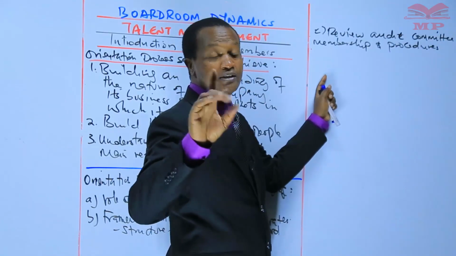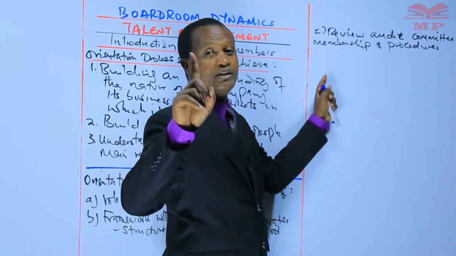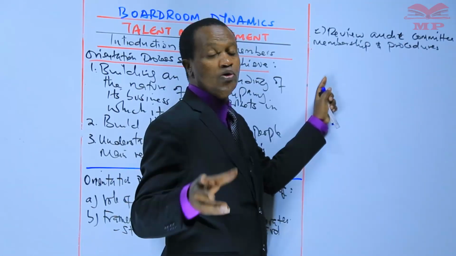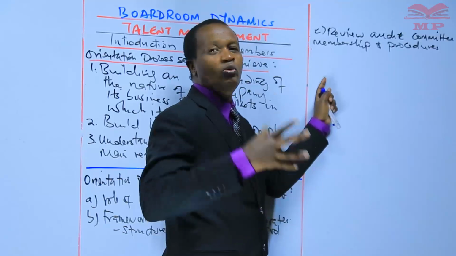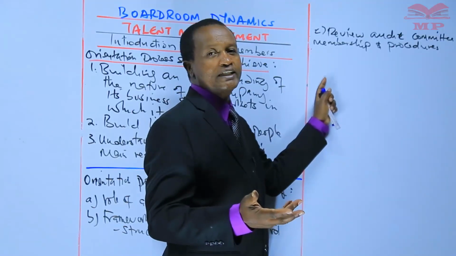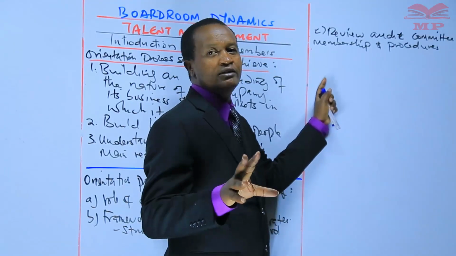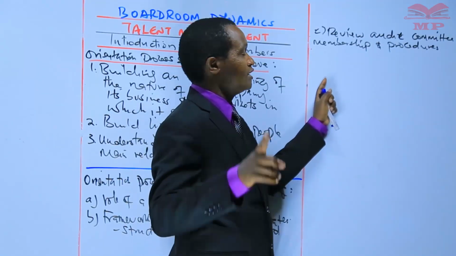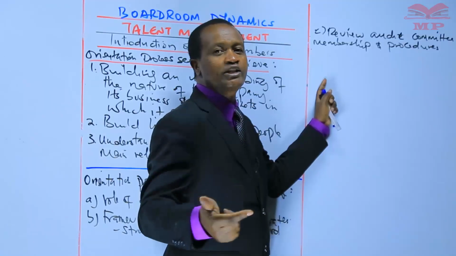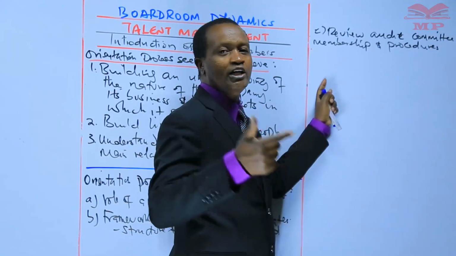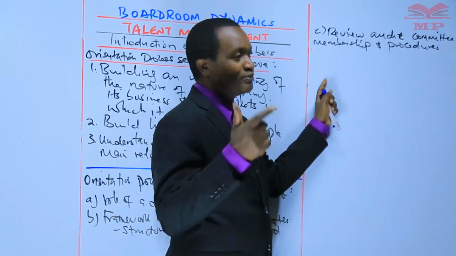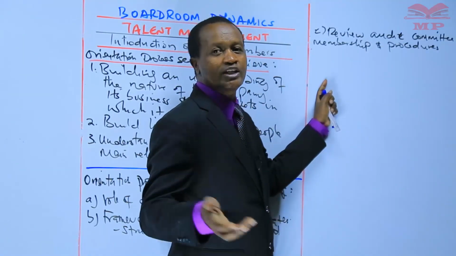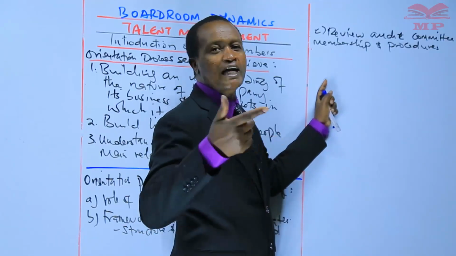It is important that a new board member reviews the audit committee membership. The new member should know who sits on that committee. What are the procedures that guide the committee? And in the process of reviewing the audit committee membership, the new member should also meet the committee chair. And why is that meeting important? That meeting is important so that the new member can discuss any recent or current critical financial or accounting issues.